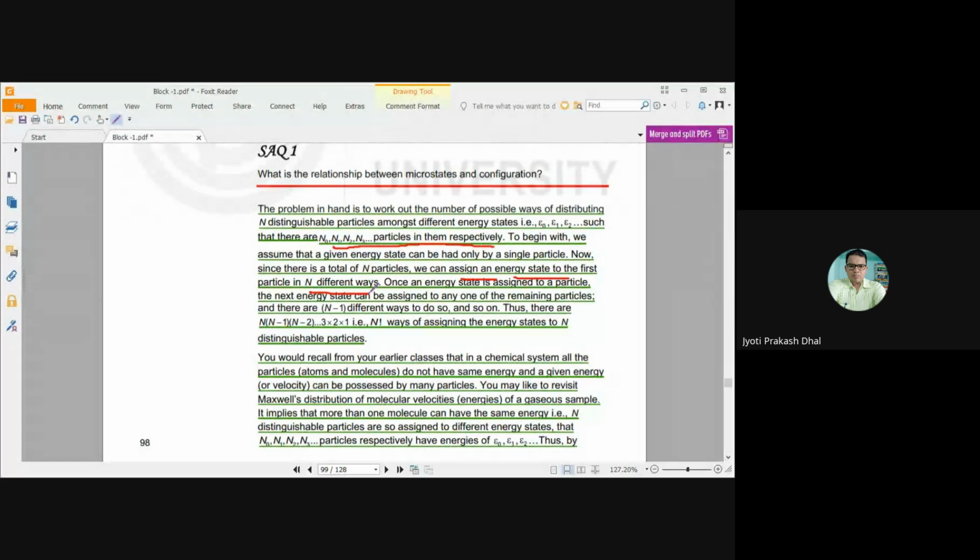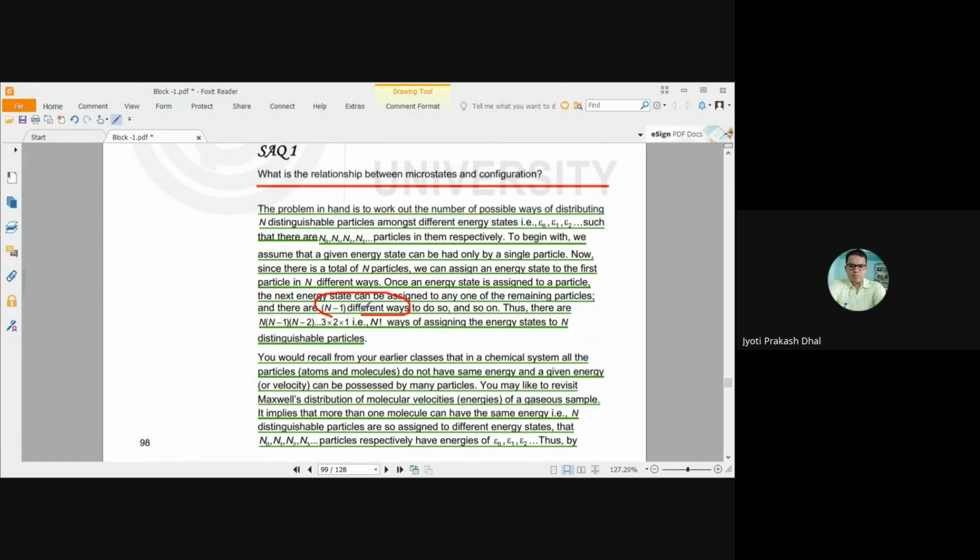Once an energy state is assigned to the first particle, the next energy state can be assigned to one of the remaining particles, that is, the second particle. For the second particle, the number of different ways of arrangement will be n minus 1, because the first particle is already assigned, and similarly for the third particle, the number of ways is n minus 2, and so on.